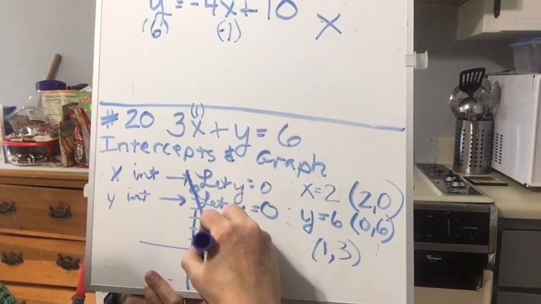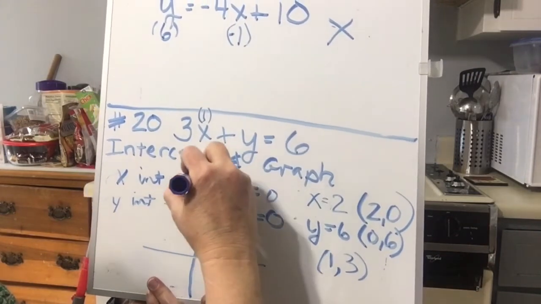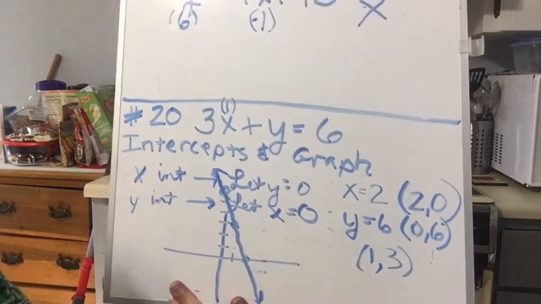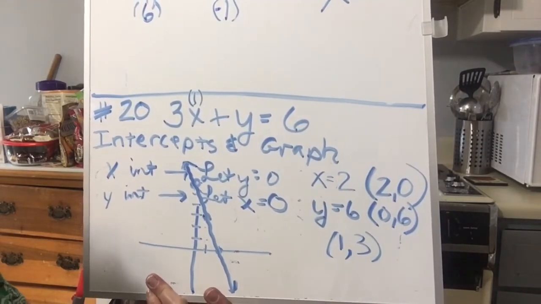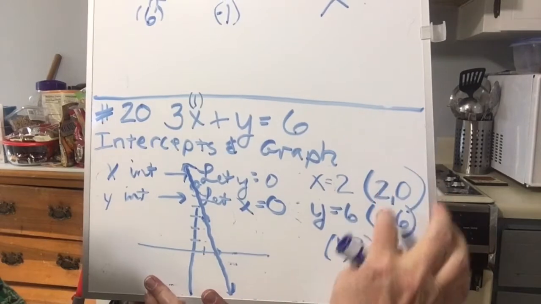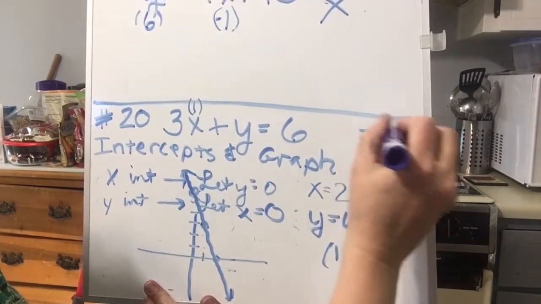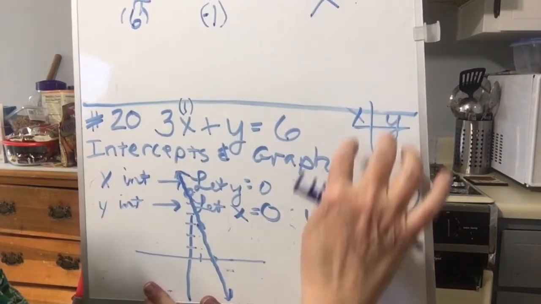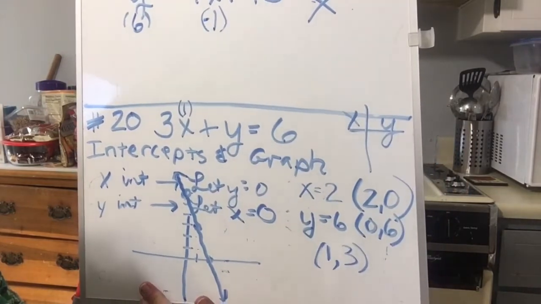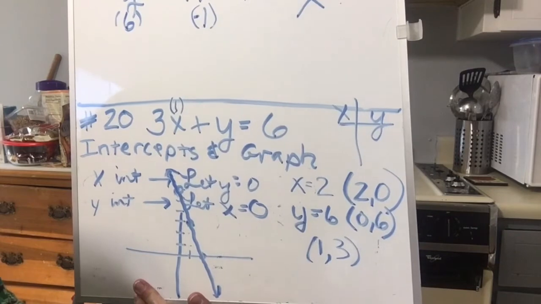Let's see if I can graph it. Oh, that's squiggly, but that is how you would graph that line. Now, when you're graphing a line on the test, I want to see your points sitting here, or you can put your points in an XY grid. A lot of times I'll ask you to put your points in an XY grid just to make them easier for me to grade.